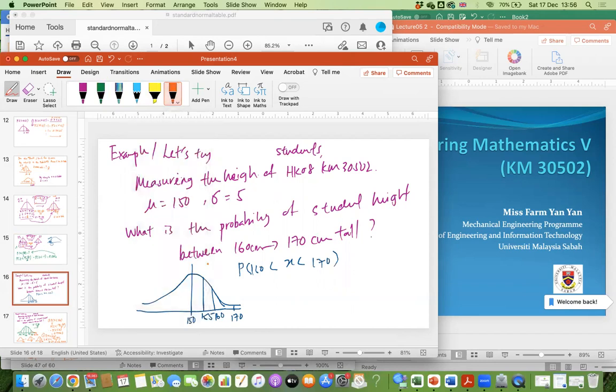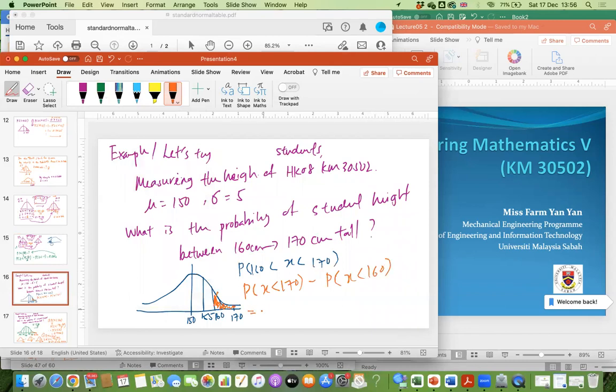Follow this. We are looking for this part, the orange part, agree? When you draw it out, it will be easier to look at. I can say the probability x smaller than 170 minus the probability x smaller than 160.